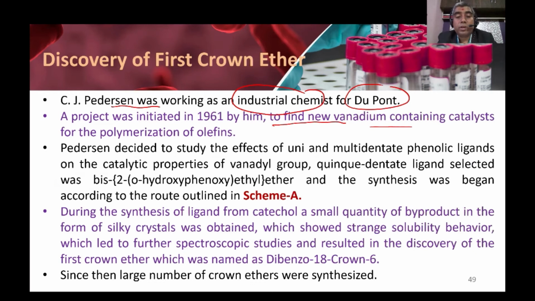Pedersen decided to study the effects of uni and multidentate phenolic ligands on the catalytic properties of vanadyl groups. Quinquedentate means penta. The quinquedentate ligand selected was bis(2-orthohydroxyphenoxyethyl) ether, and the synthesis was begun according to the route outlined in scheme 1.